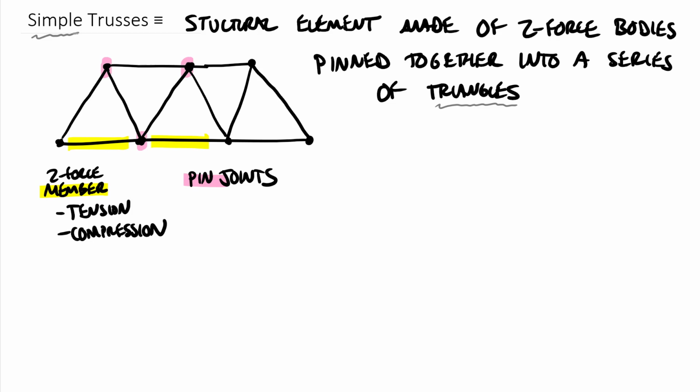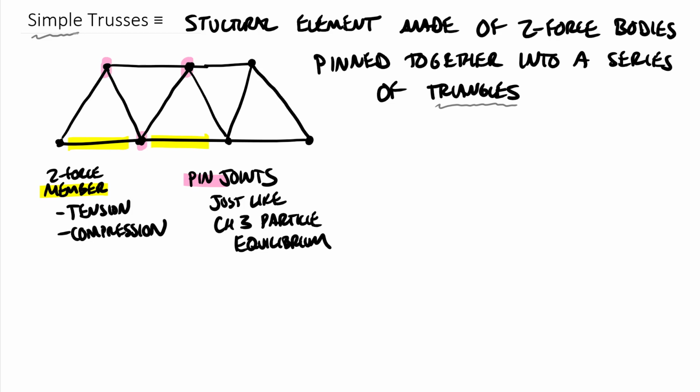Pin joints fundamentally are going to act exactly like the concurrent force particles that you looked at back in chapter 3, just like chapter 3 particle equilibrium. So a lot of the skills that you learned back in chapter 3, we now can apply in chapter 6 structures.